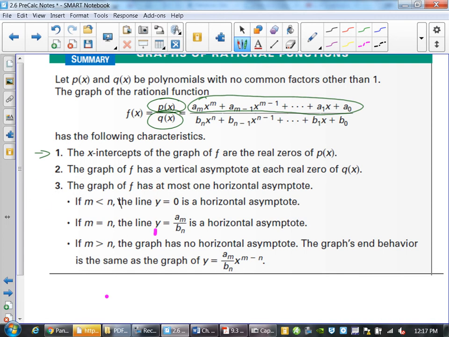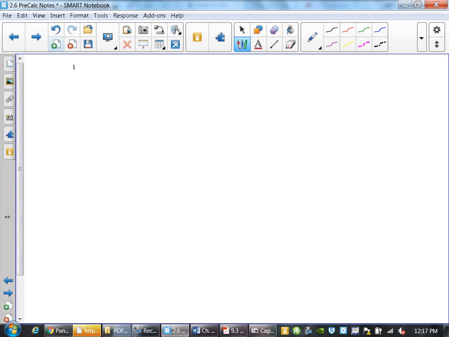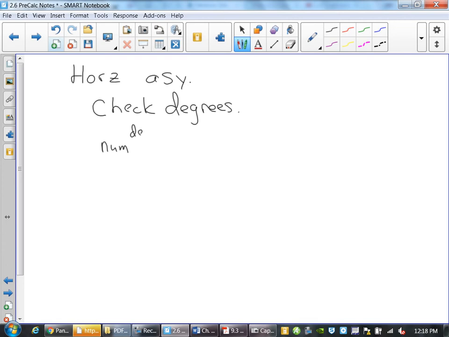To get the horizontal asymptote, you're checking degrees. Numerator degree smaller than denominator degree.